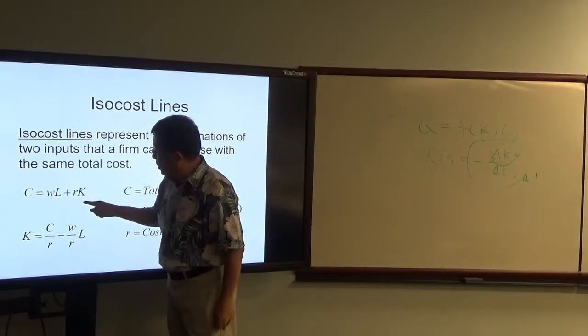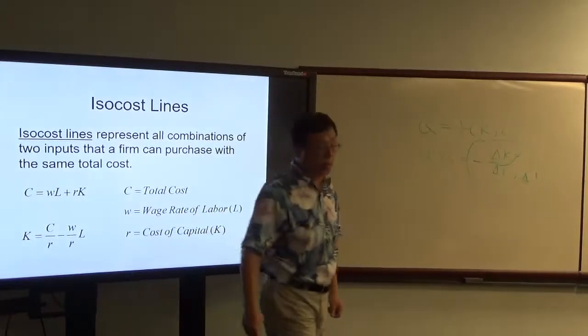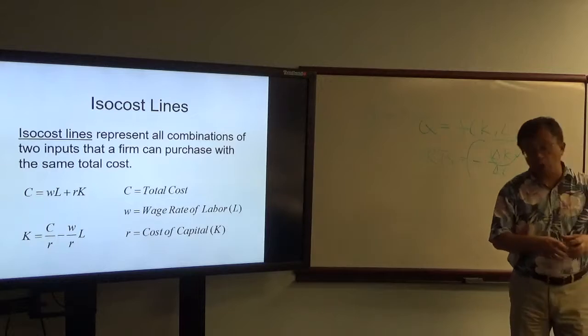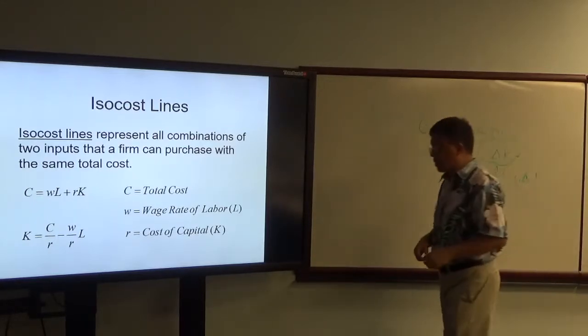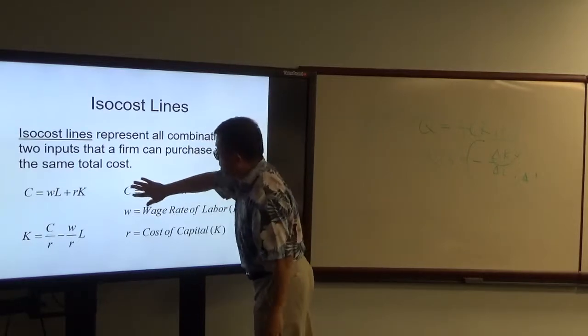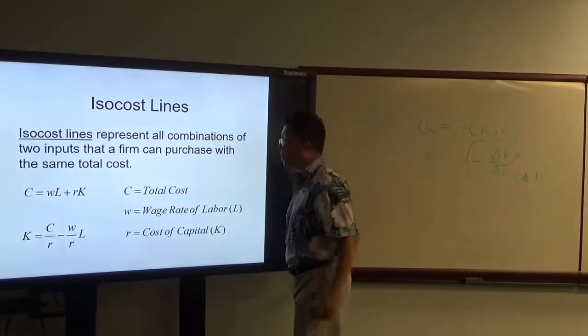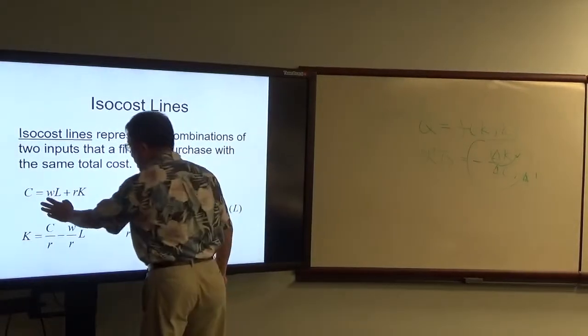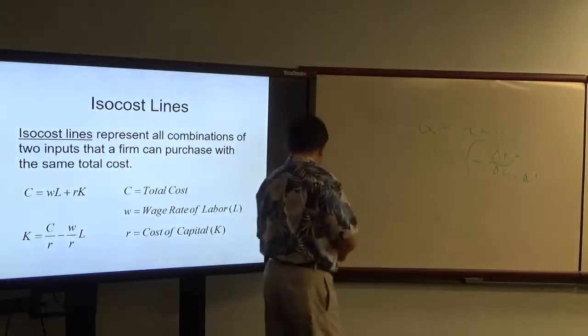So this is the spending on the capital. So this is the company's isocost line, or basically the company's budget given the total cost. Then you can allocate it to either labor or capital.